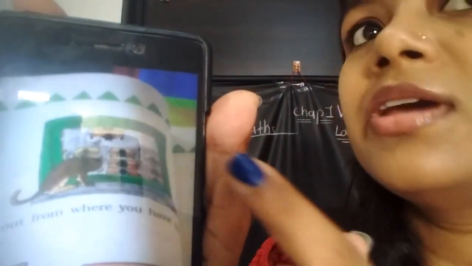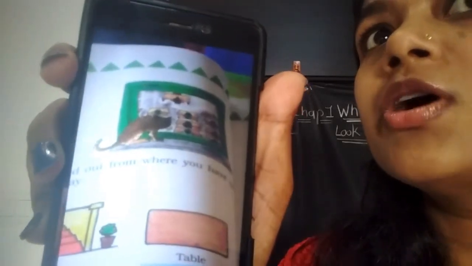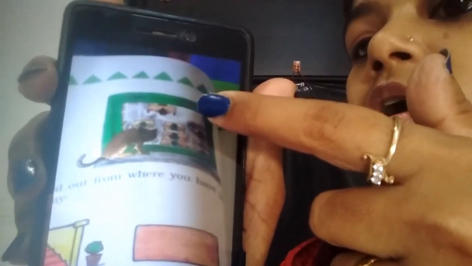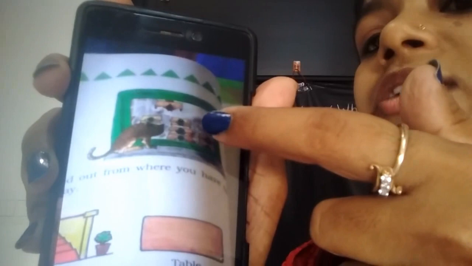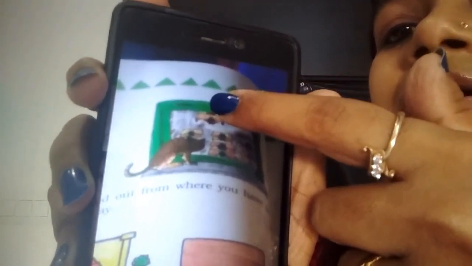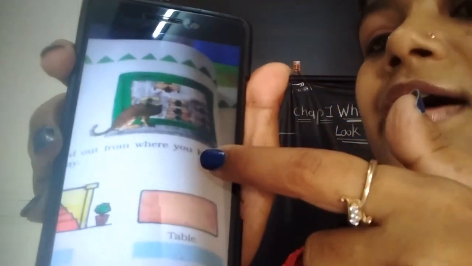The cat is looking at the whole class from above. The window is at the height of the wall, and from that window it can see from the top. Here are the students sitting on the benches. Can you find the teacher? Yes, here is the teacher, and it is a top view of the class.